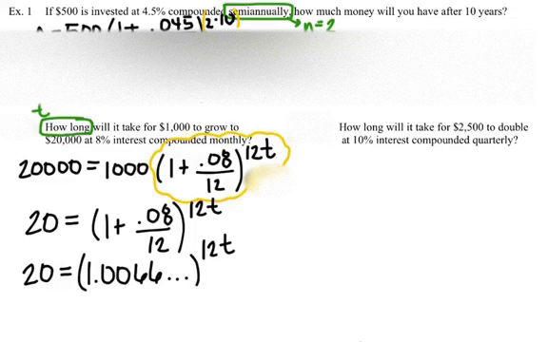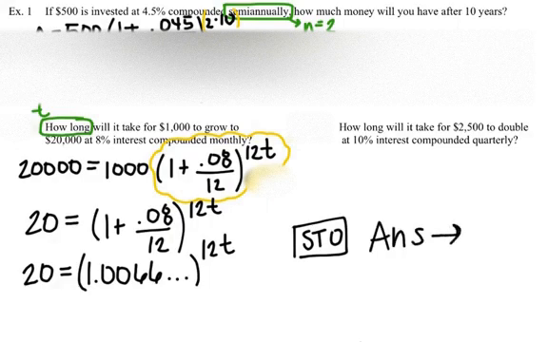So you want to look on your calculator for the button that says STO, which stands for store. It's right above your on key. So you need to have 1 plus 0.08 divided by 12 in your calculator, so you need to be able to see all of those decimals, and then hit your store button. And when you hit store, you'll see on your calculator the letters A and S with a little arrow. That means you're wanting the calculator to store this answer, and you can store it as any variable that you want.